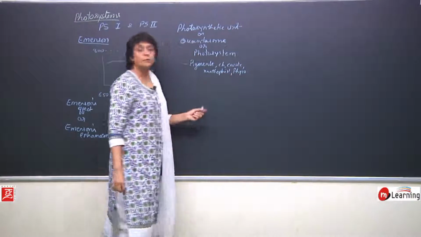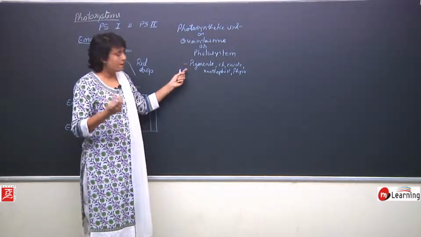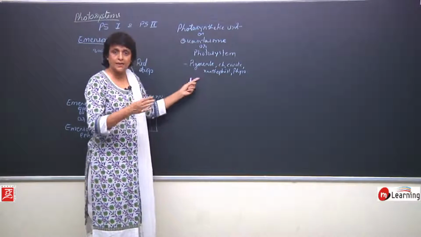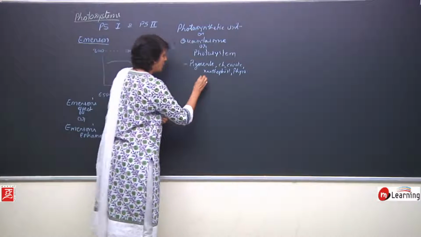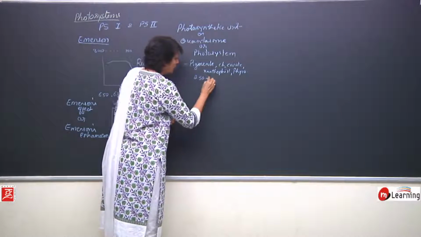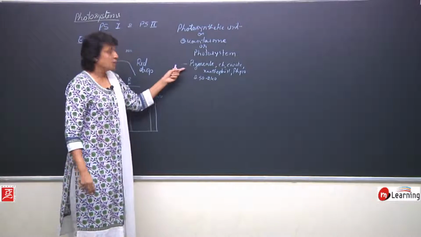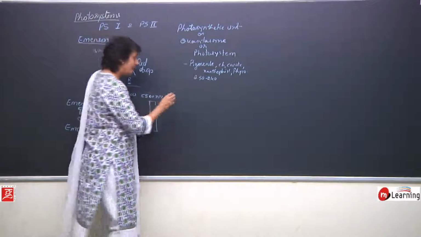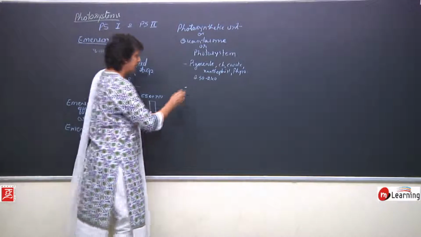We have talked about all these pigments. It is a collection of pigments, and there can be any type of pigment. The approximate number is about 230 to 240 chlorophyll molecules. So pigments are present, plus there is an electron acceptor.